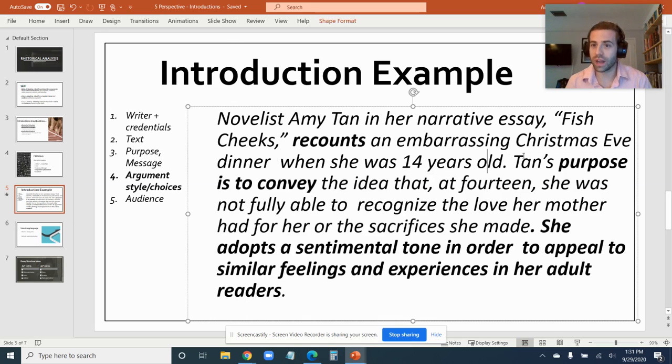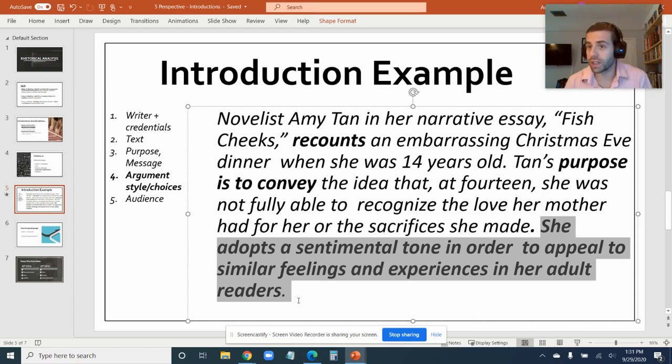I could argue that Amy Tan's purpose is something else. I could argue that she's using a different type of tone for a different effect and a different readership. Those are things that you're going to prove to me with evidence throughout the rest of your paper. So our introduction does kind of double duty here.